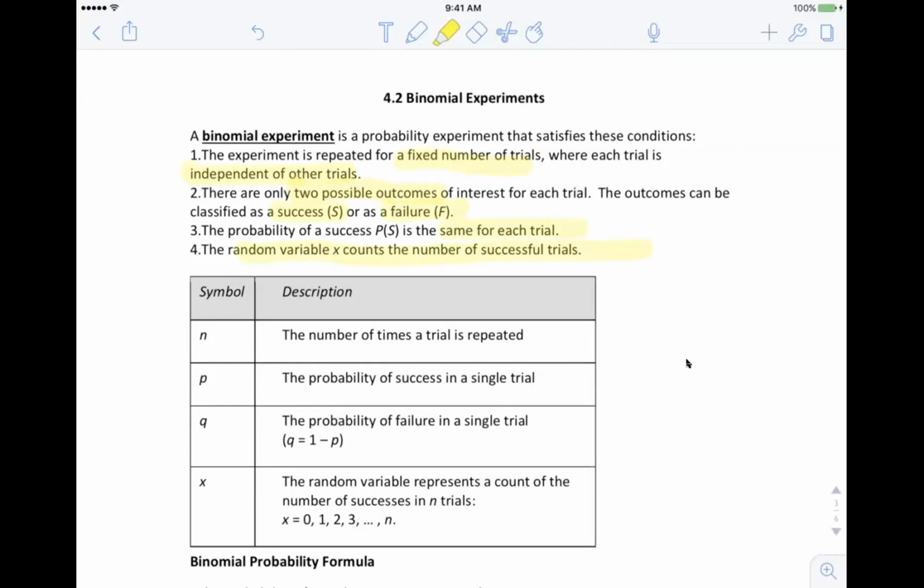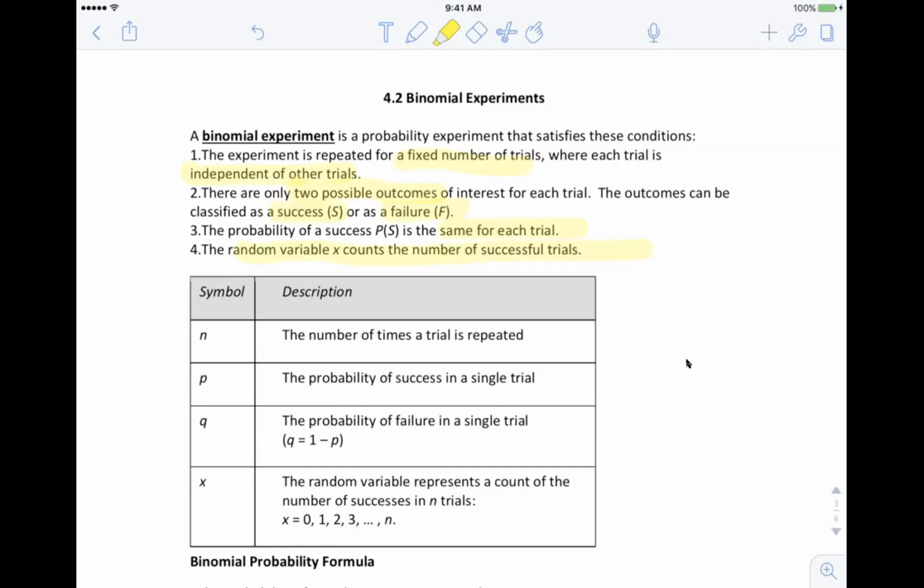That's a binomial experiment because each coin flip is independent of the others, and each outcome has two possibilities, a head or not a head, right? Success or failure. It doesn't have to be 50-50. In that case, the probability of a success is 50%, the probability of a failure is 50%. It doesn't have to be that way.